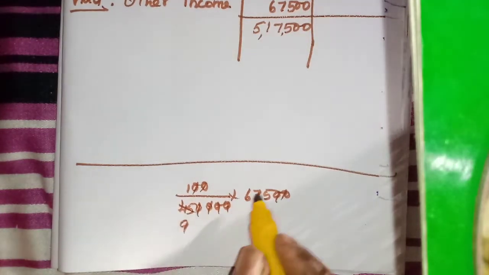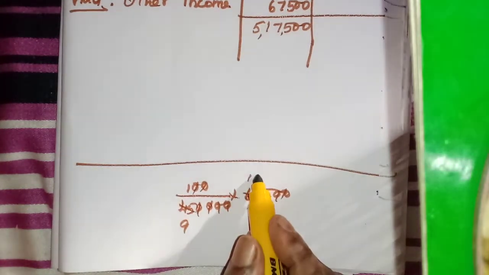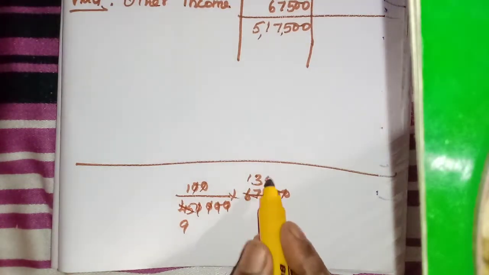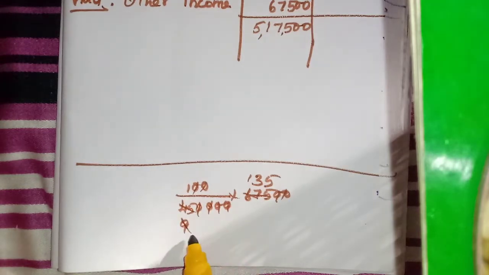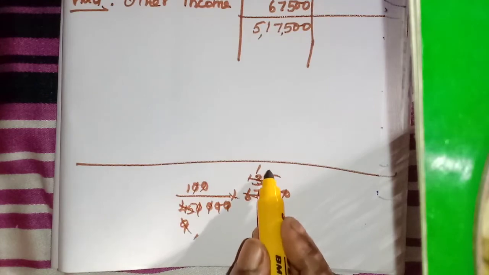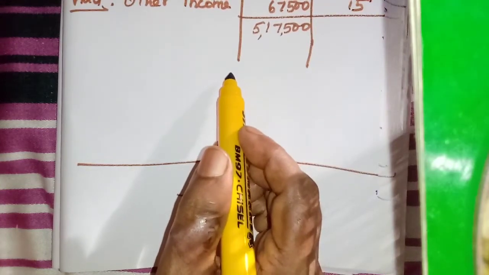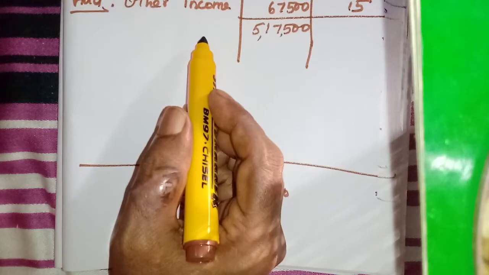Then we can divide this one by 9: 1 9 is 9, 17, 3 5s are 15, again 5, remaining 4, 45, 5. So what is the percentage? 15.